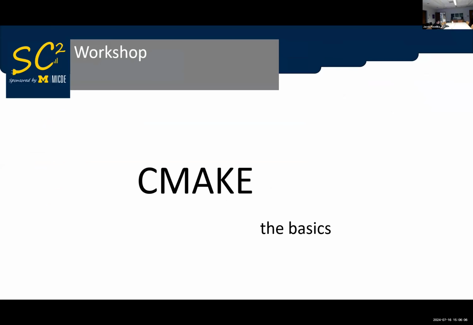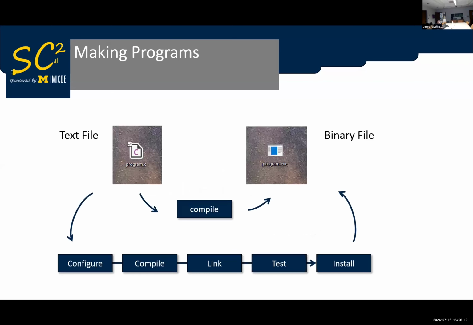Okay, so there's the difference between interpreted and compiled languages, and this difference stems from how you go from the code that you write to how it becomes understandable to the computer, so ones and zeros, how it becomes a binary file.